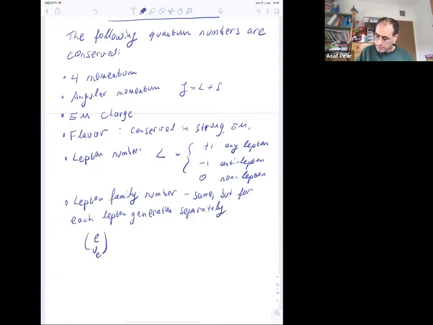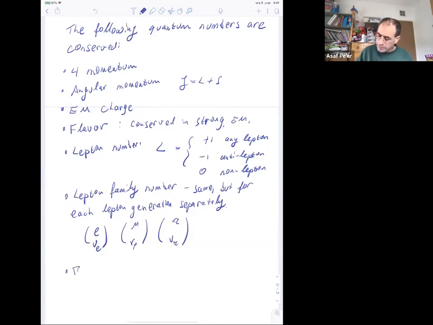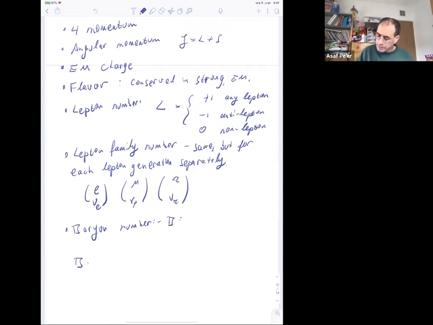Electron neutrino and electron, muon neutrino and muon, tau neutrino and tau. You also have the baryon number, again called B. So B is 1/3 for any quark, minus 1/3 for any anti-quark, and 0 for any non-quark.